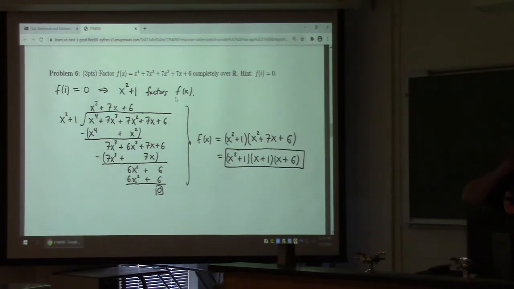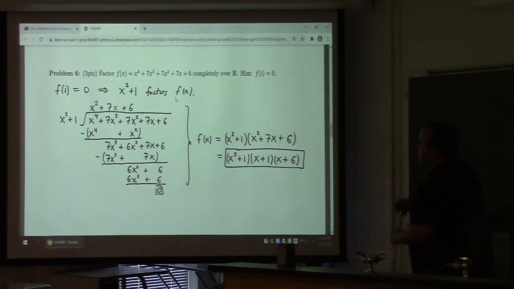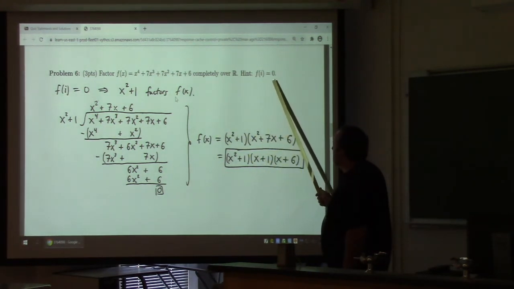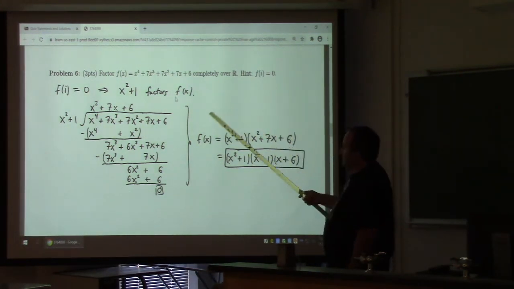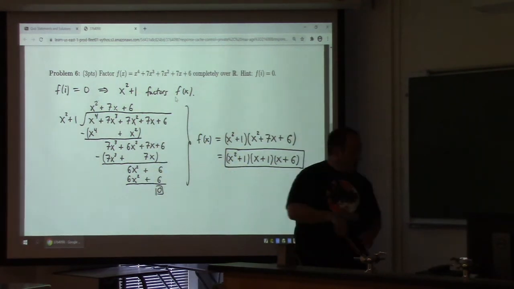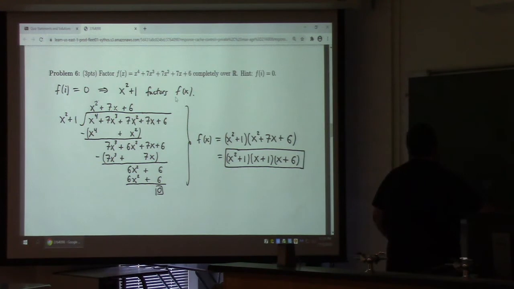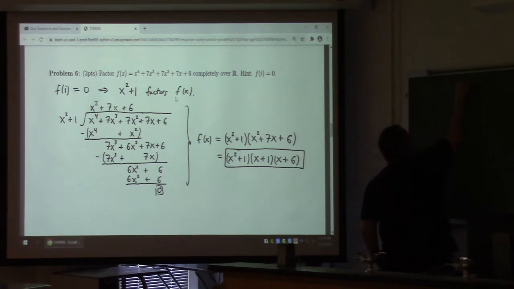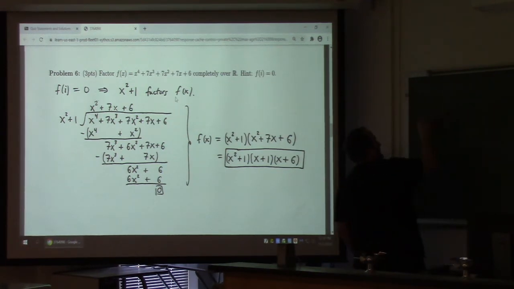Problem 6, completely factor over the reals. I give you a hint: f of i is equal to 0. That is tantamount to telling you that x squared plus 1 is a factor of f of x. Remember, more generally, the rule is: if you have f of alpha plus i beta equals 0, that tells you that x minus alpha squared plus beta squared factors f of x.